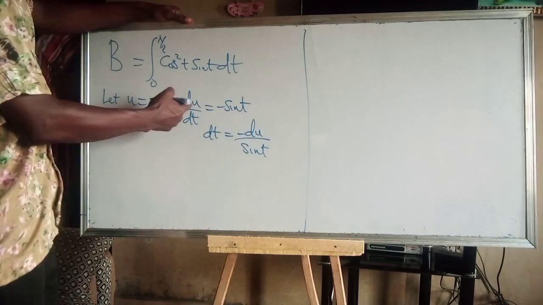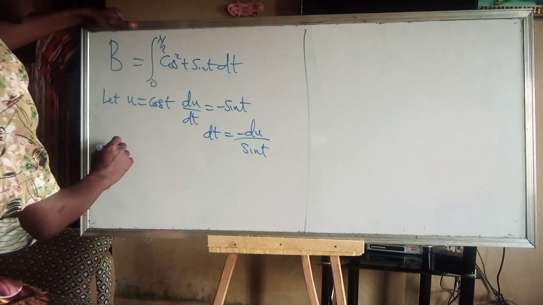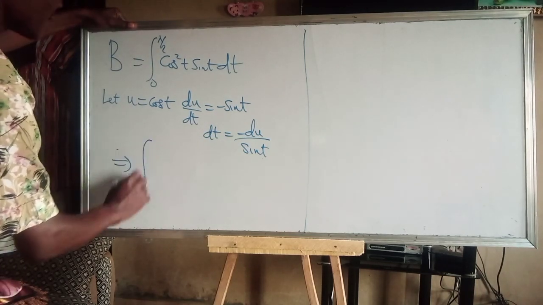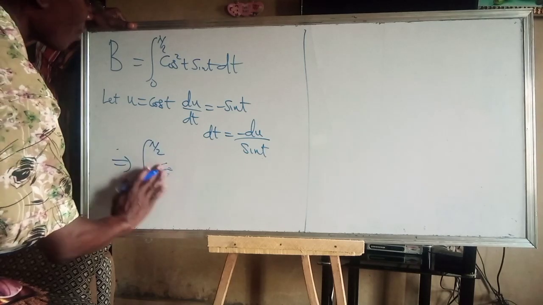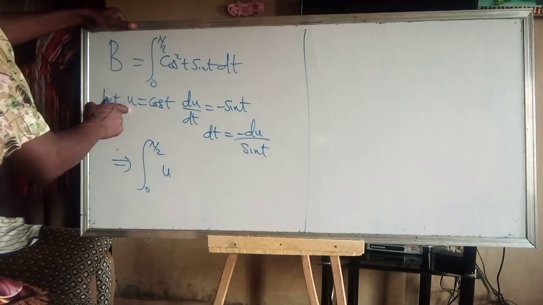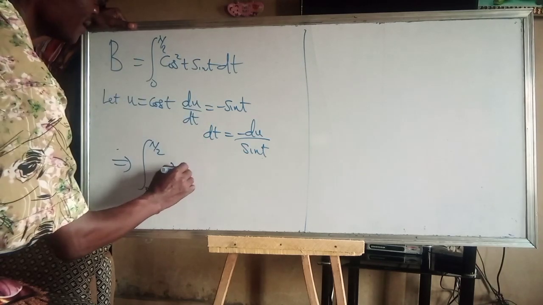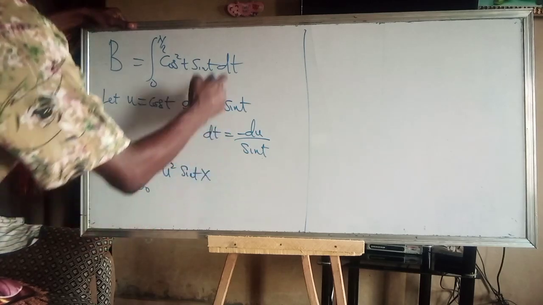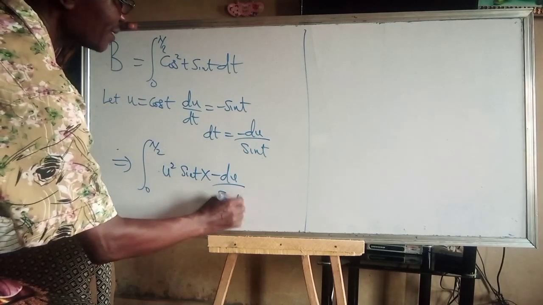That is, if you make dt the subject of the formula, you get this, which means b will now be equal to the integral from 0 to pi over 2 of, our cos t is u, so it will be u squared, then sine t multiplied by dt is now minus du all over sine t.